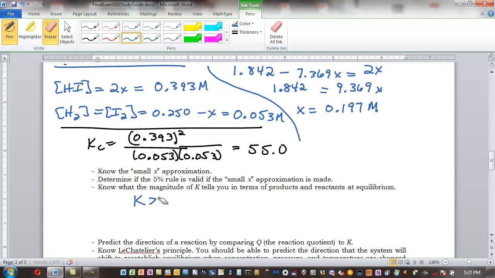And that doesn't look like a greater than sign. So if we have a K much greater than 1, so that means we have a very large K. What does that tell us at equilibrium? Products are favored. So we're going to end up with mostly product at equilibrium.